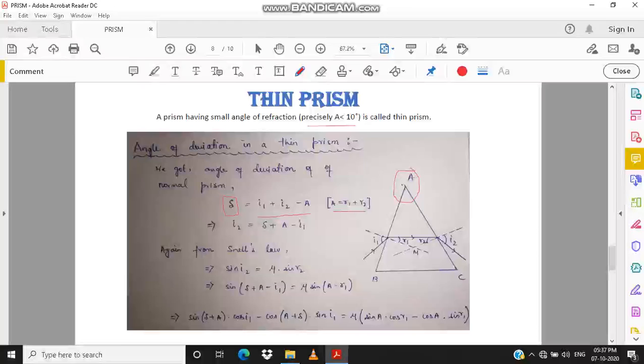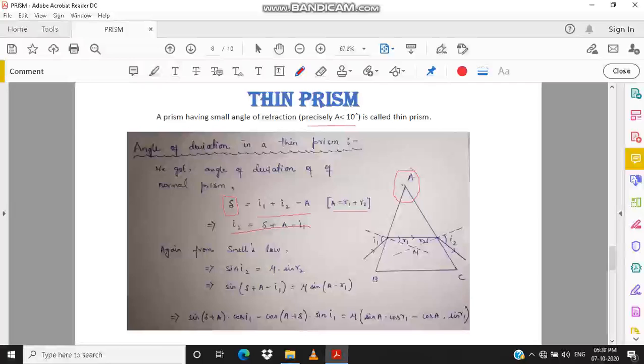So in case of angle of deviation, what we find here is I2 is equals to del plus A minus I1. Since we need to find I2, we just keep it on the left hand side.